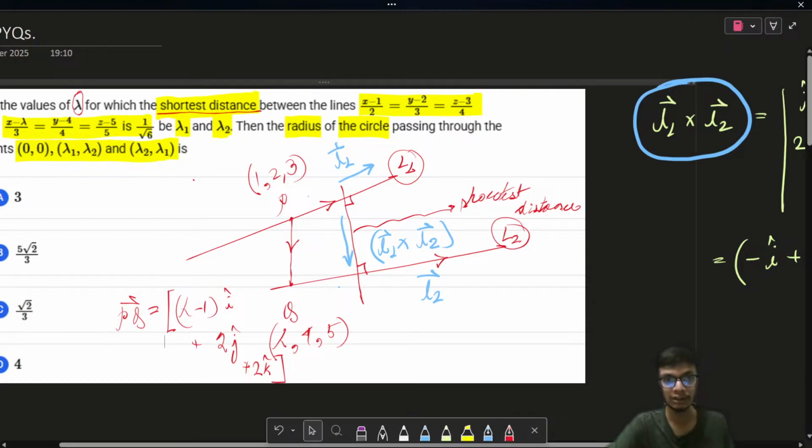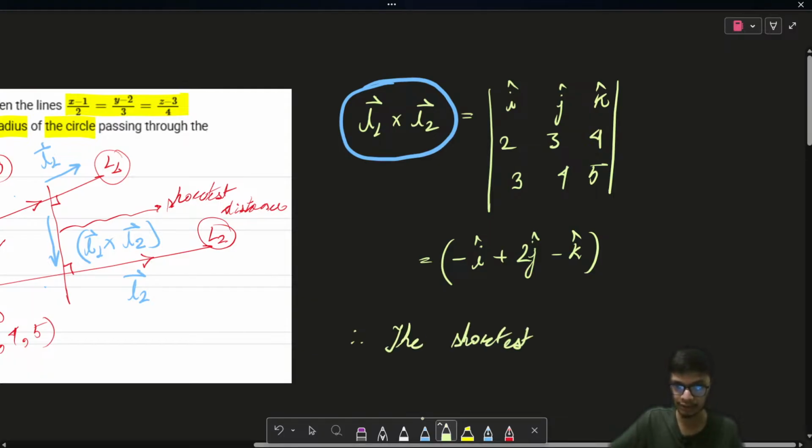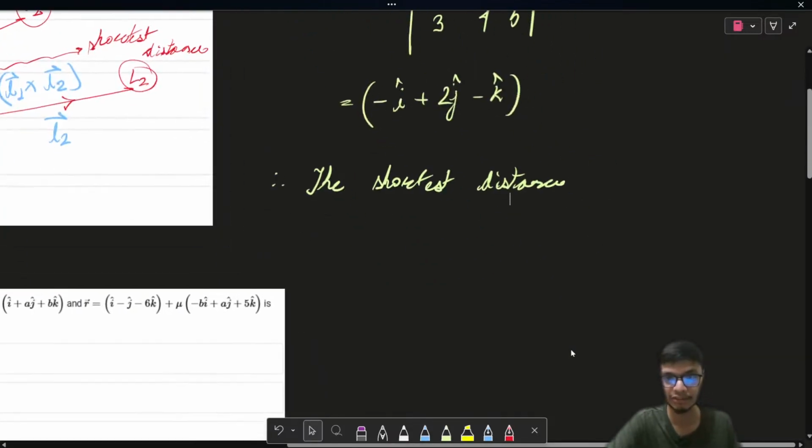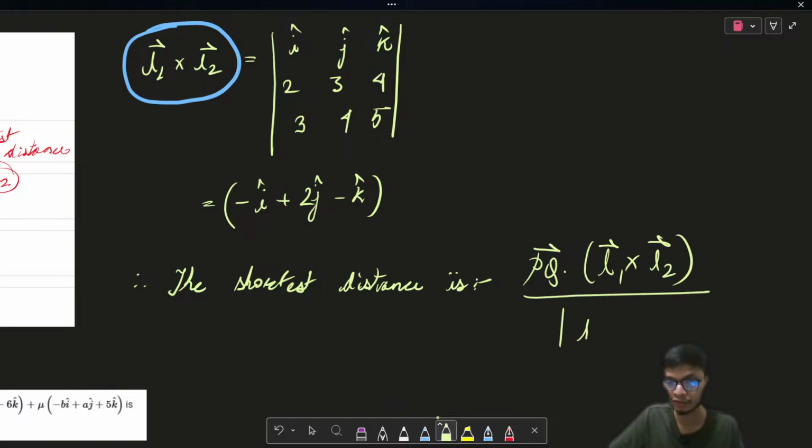Now, in order to find out the shortest distance, the shortest distance is given as this PQ vector dotted with the L1 vector cross L2 vector and divided by the magnitude of it, because we do it for the projection, right?